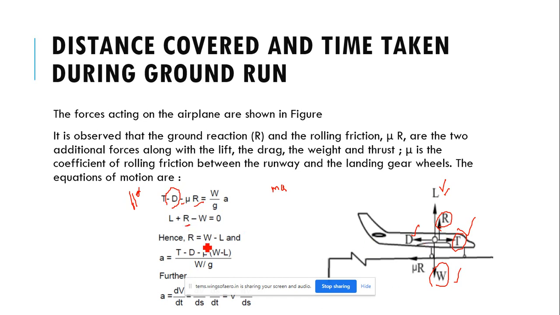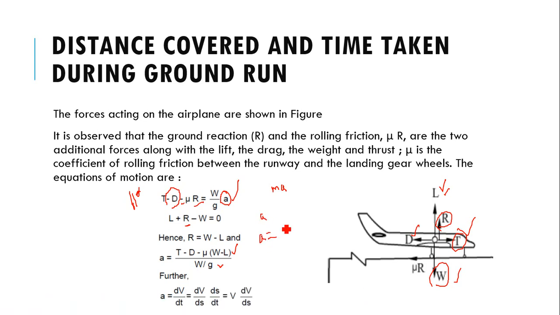From this we can find R, that is equal to W minus L. Now, using these equations, we can find the value for the acceleration: A equals T minus D minus mu into (W minus L), divided by W by g.